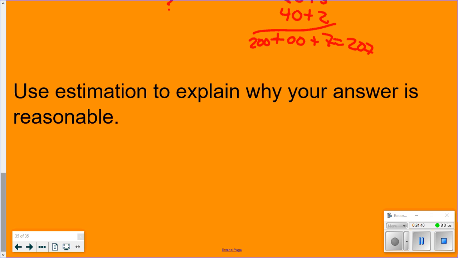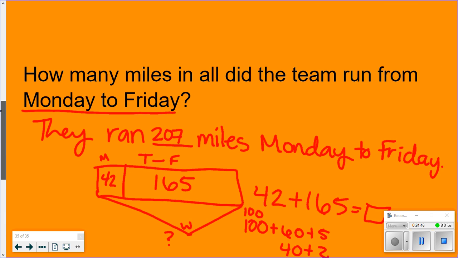The reason why that didn't make sense is because they had already run 165. If you run 165 and you ran 40, are your miles going to go down? No, it doesn't make sense. It increases it.